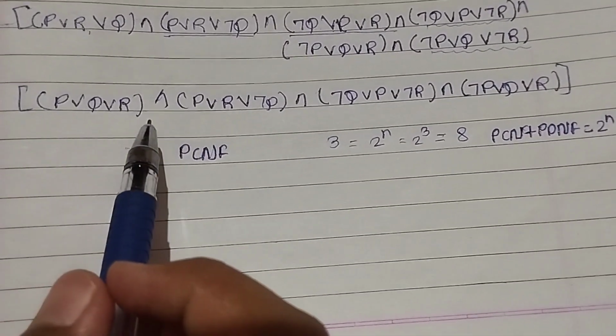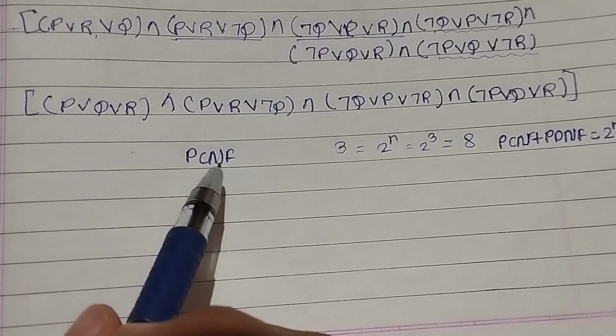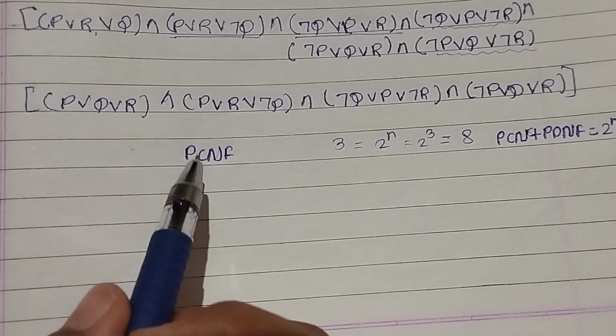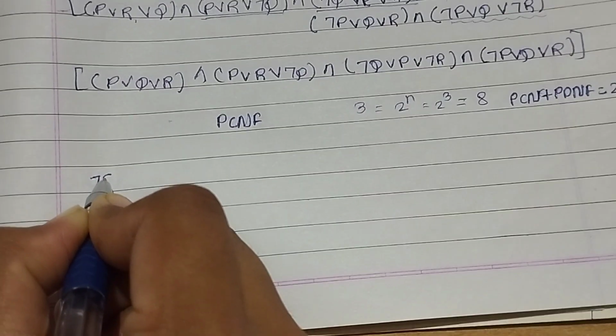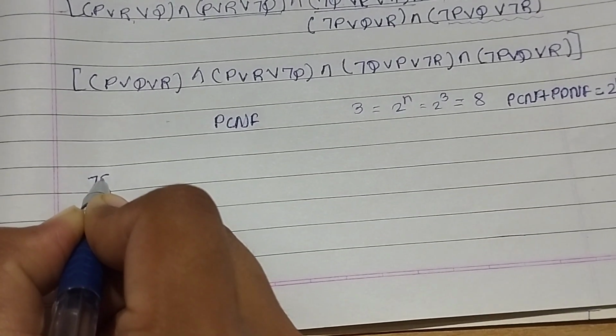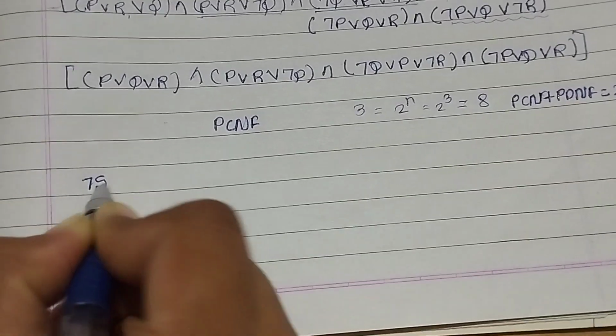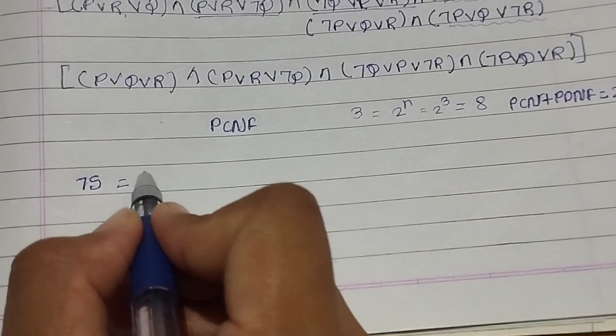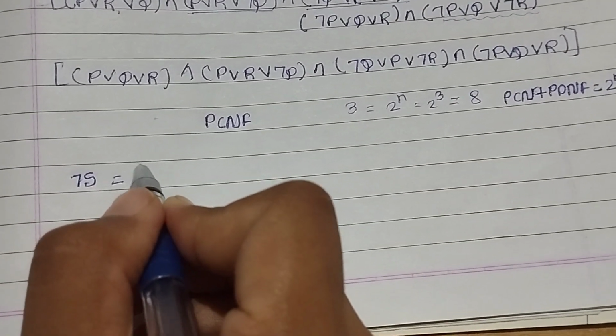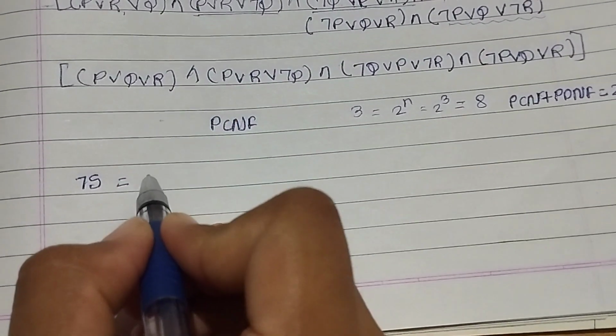So the brackets which are not present in the above equation, we write as negation S, and write all the remaining brackets not present in the above equation.